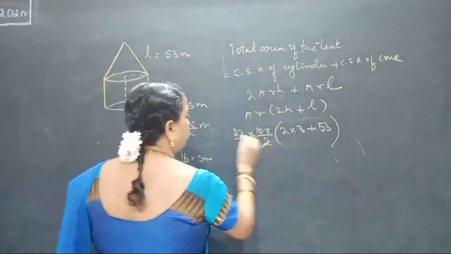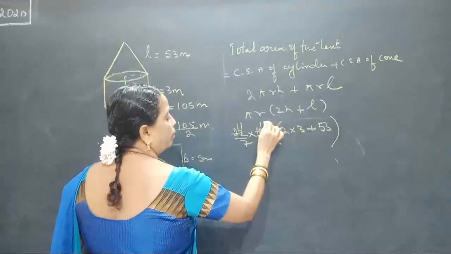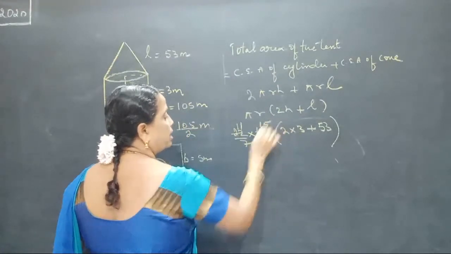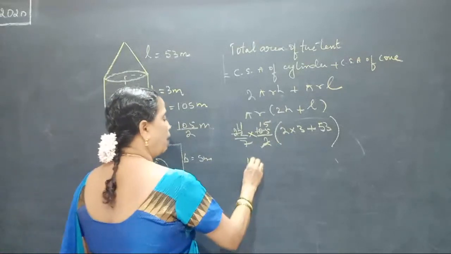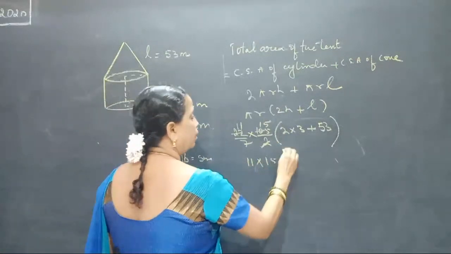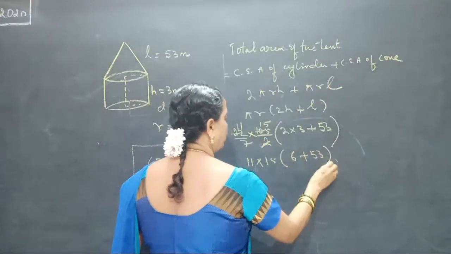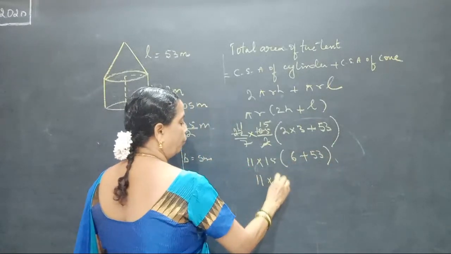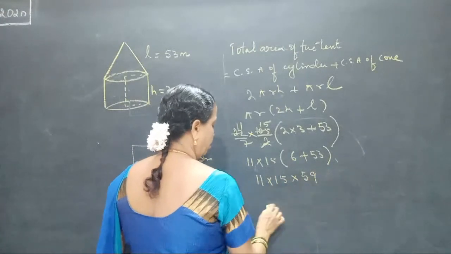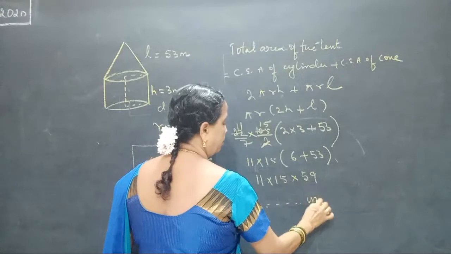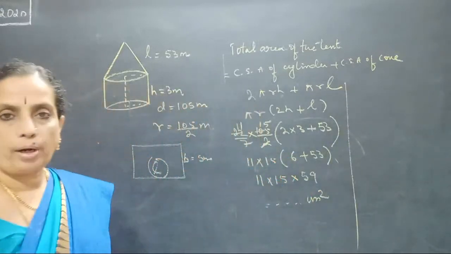Now cancel 11 times, cancel 15 sides. So now 11 into 15, 3 2s are 6 plus 53. 11 into 15 into 59. You will get so much centimeter square. So you need the product.